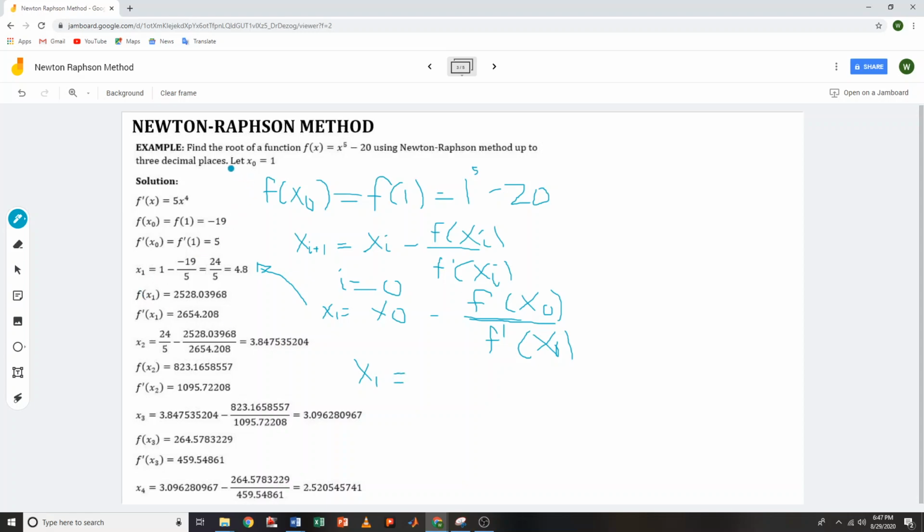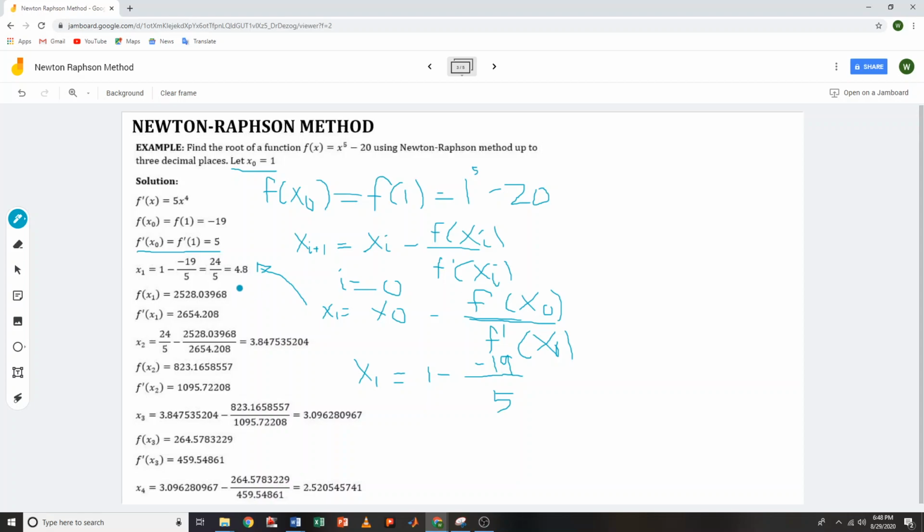Our x0 is our initial guess here, 1, minus f of x0, which is negative 19, over f prime of x0, which we have evaluated already: 5.